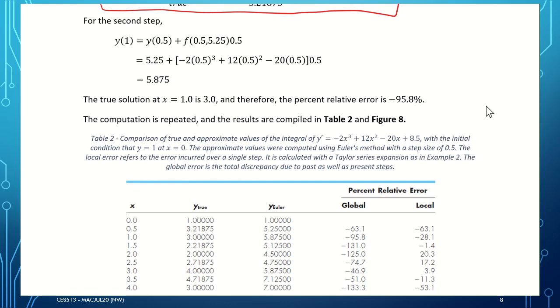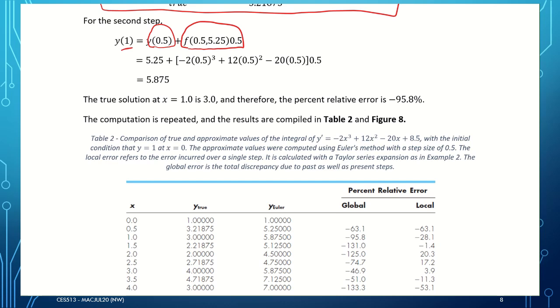For the second step, we change the value of x, because the first one is 0.5, and the second one plus 0.5 becomes 1. So this equation becomes this when x equals 1. This one is from the previous value plus the function f at 0.5 and the 5.25 value from the previous step.